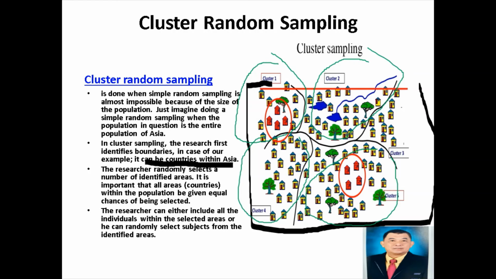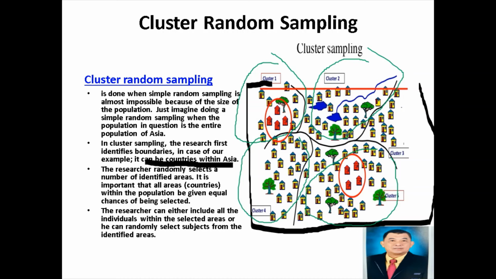So you can use stratified random sampling after clustering the population or the subjects that are included. The researcher can either include all the individuals within the selected areas, or randomly select subjects from the identified areas. So that is cluster random sampling.